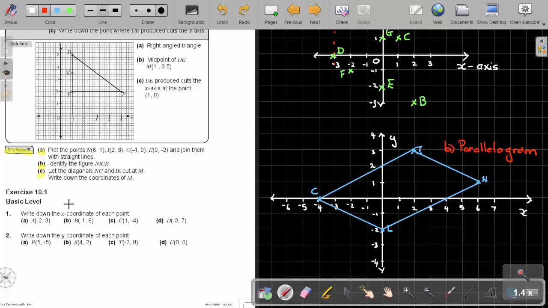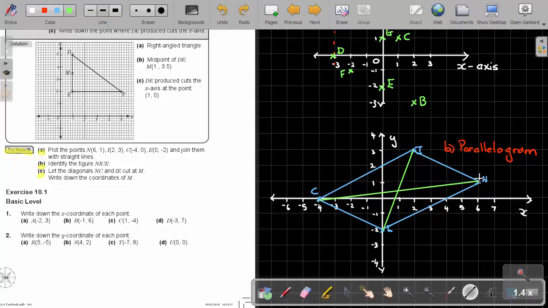Okay, write down. So the diagonals, remember the diagonals, what color are we going to use? Let's use green. The diagonals, it combines, let's just make it a straight line. It combines opposite angles. So if I do this, and if I do this one, let's just redo that one.